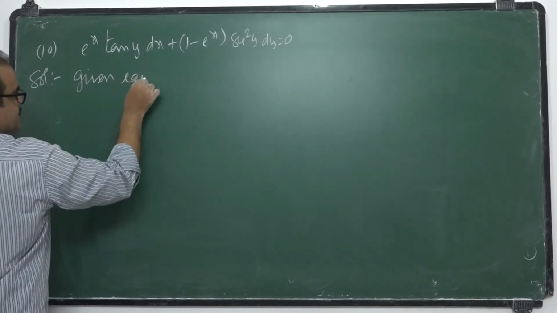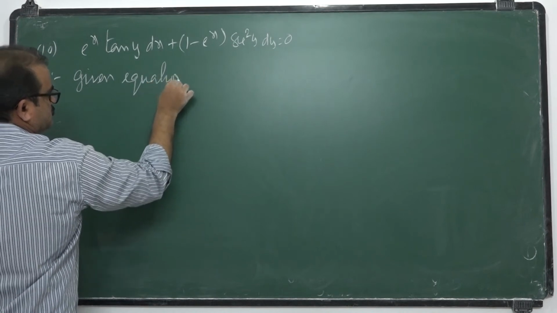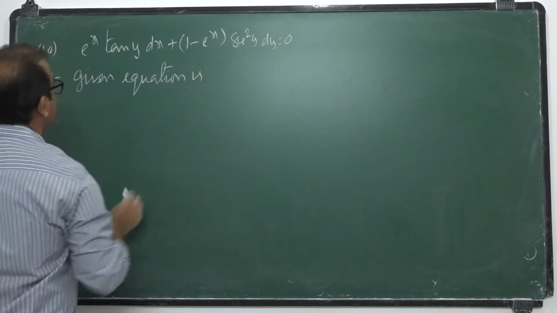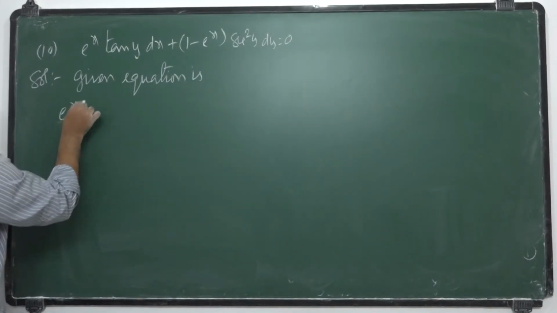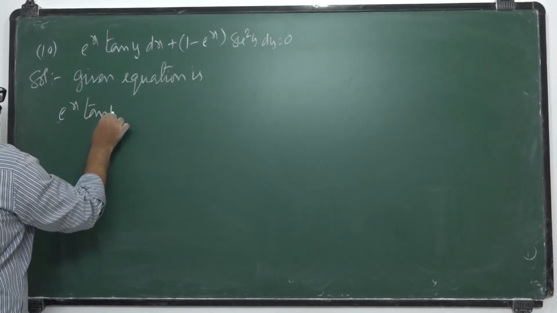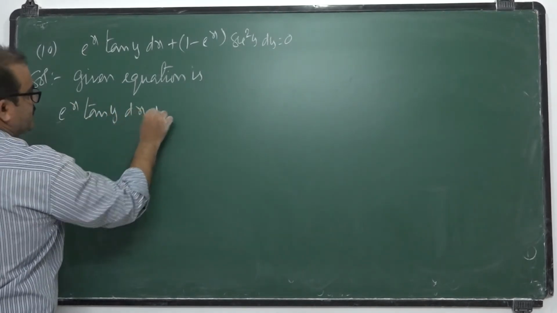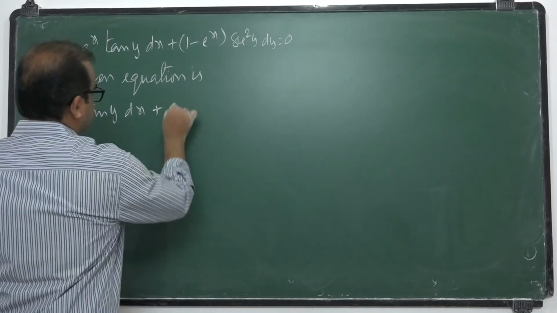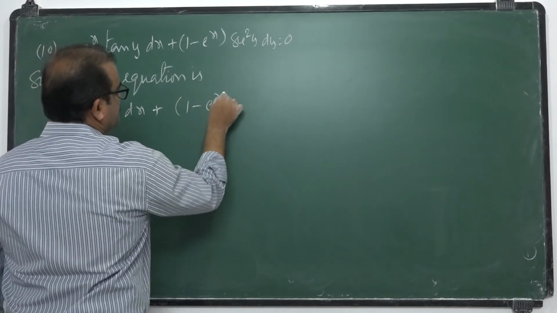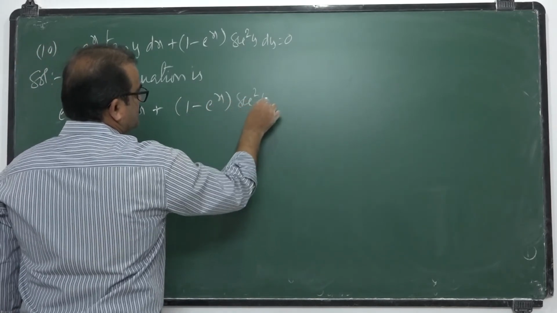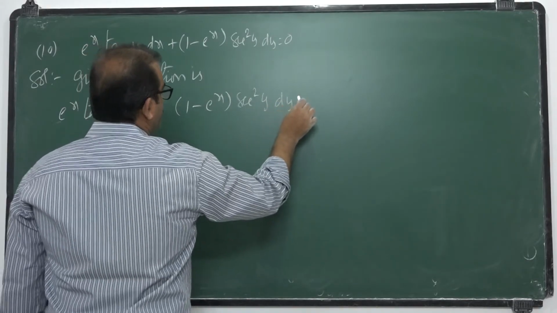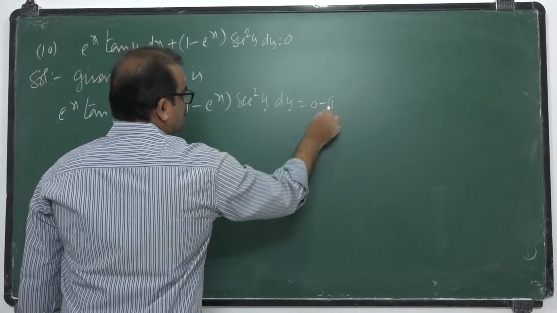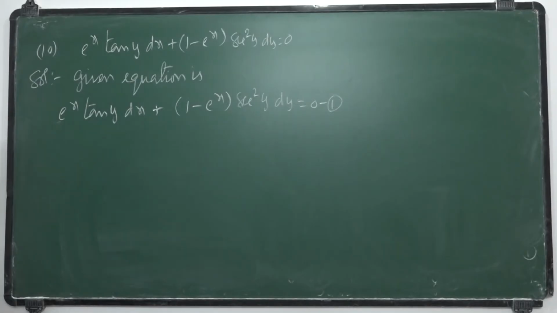Given equation is e power x into tan y into dx plus 1 minus e power x into secant square y into dy is equal to 0. Let it be equation 1.